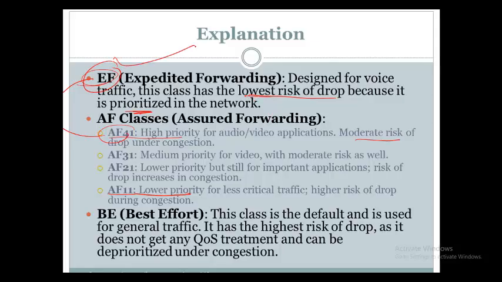Assured forwarding, AF41: look at the first number. If it is bigger than the other first number, then when congestion happens, the lowest AF value will get dropped. The first number is different, and the one with the lower number will get dropped when there is high congestion. See, when there is too much congestion, you have to drop some traffic to reduce it.